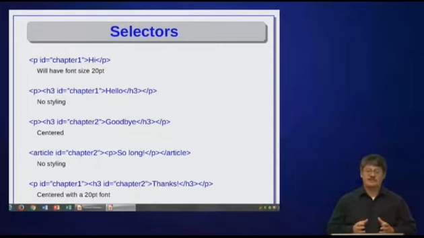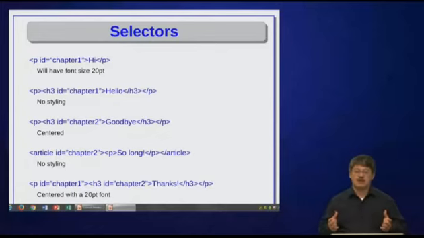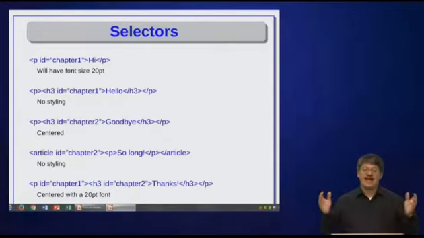In the fourth example, we have an article element with ID set to chapter 2, and inside the article we have a paragraph. In this case, the second rule doesn't apply because the paragraph is inside the element with the ID, not the other way around. If the paragraph were on the outside and the article were nested inside it, then we would apply rule 2 and the text would be centered. But that's not the case, so it's not centered.